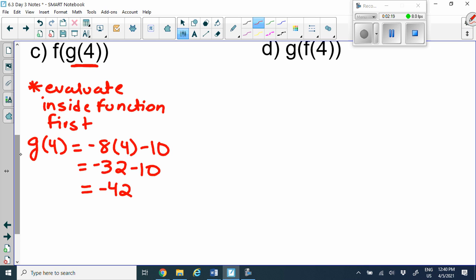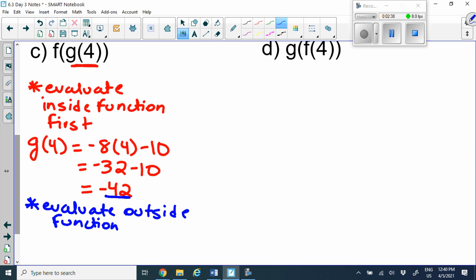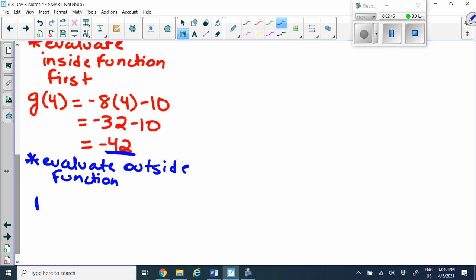Now, we evaluate the outside function, but we don't do f of 4. Instead, when we evaluate the outside function, we're going to take the negative 42 that we got here and actually plug it into our outside function. So we're going to do f of negative 42.